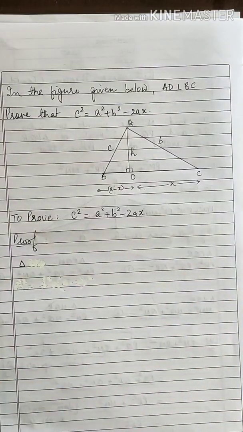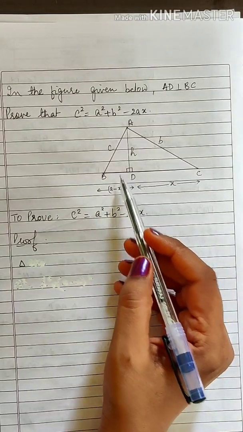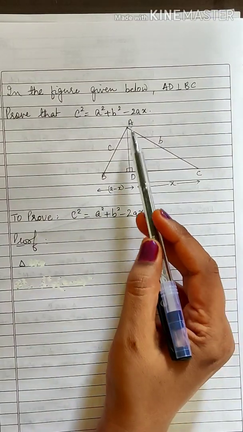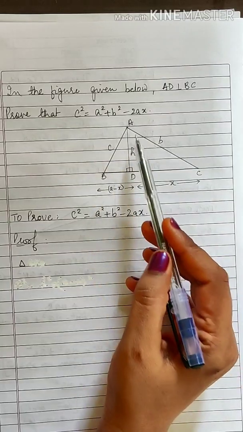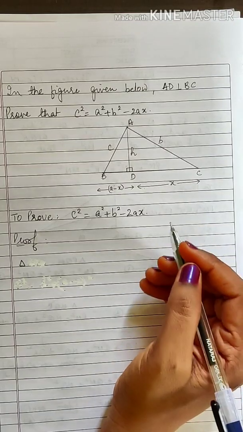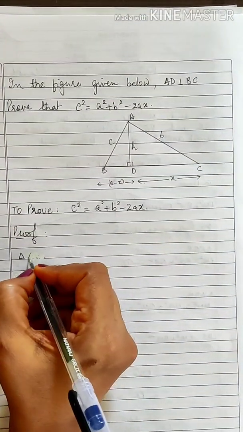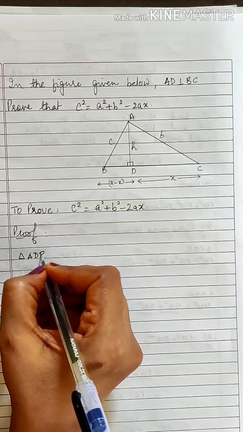Now students, if you observe the figure, here you have two right angle triangles. The first one is triangle ADB and the next one is triangle ADC. So you will apply the Pythagoras theorem for both the triangles. First, triangle ADB.